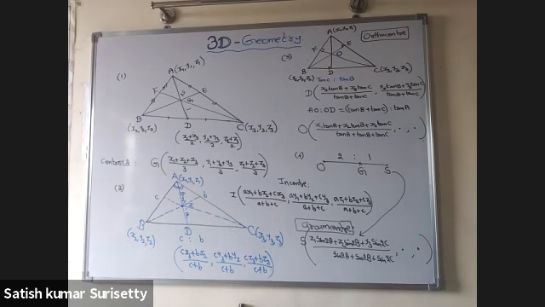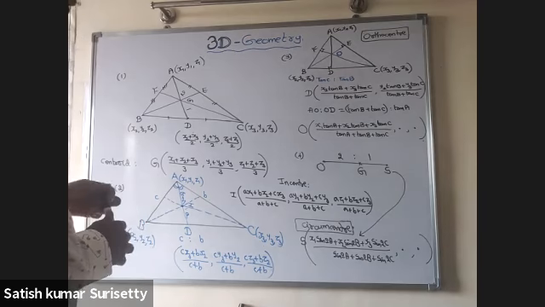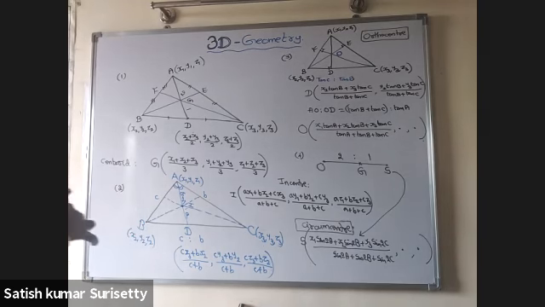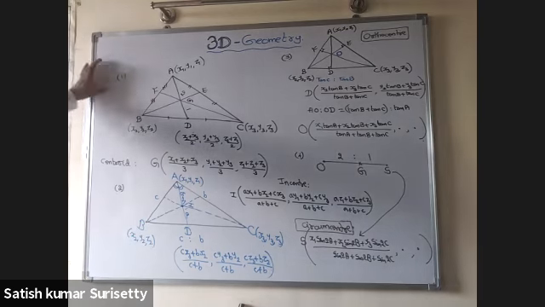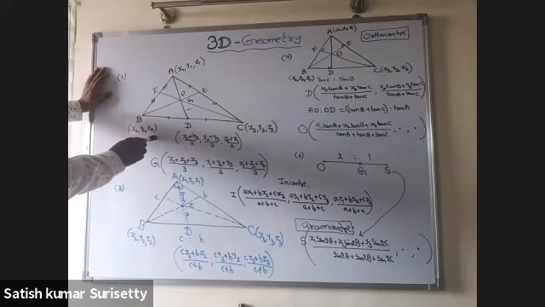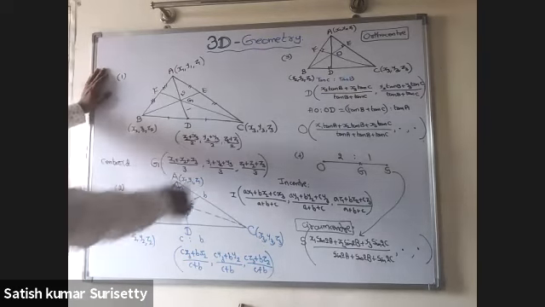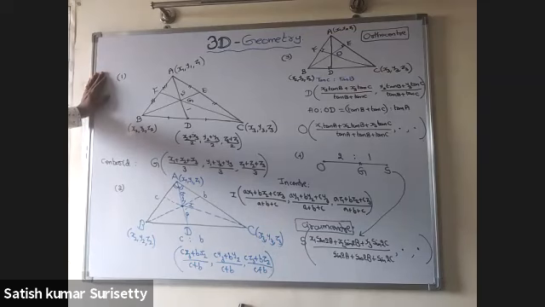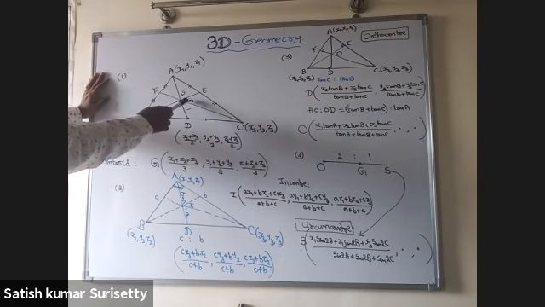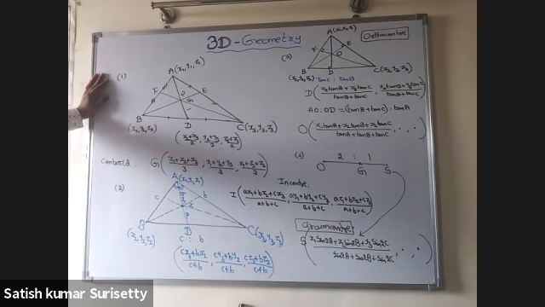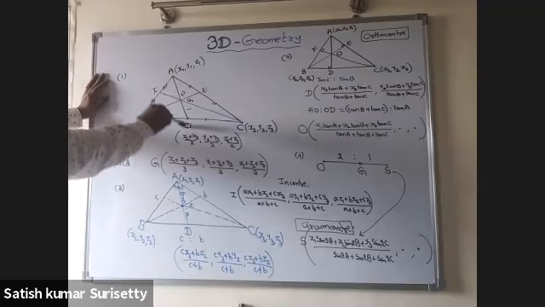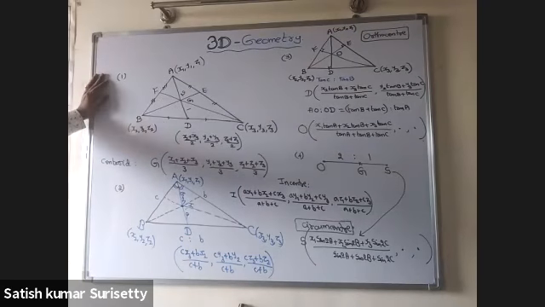Write centroid, incenter, orthocenter and circumcenter of the triangle whose vertices are A(x1, y1, z1), B(x2, y2, z2) and C(x3, y3, z3). AD, BE and CF are the medians intersecting at a point G called centroid, which divides the median in the ratio of 2:1.